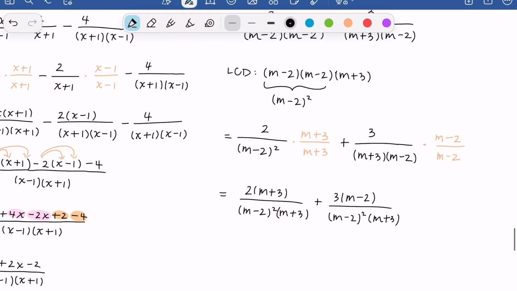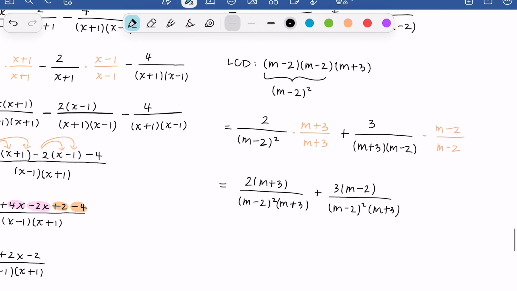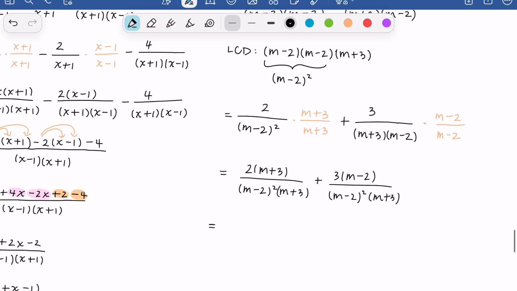All right, so now we can go ahead and add these guys together since they have a common denominator. In the same step, though, I'm also going to distribute. So we have 2 multiplying m plus 3, so it's going to multiply everything in our parentheses, and 3 is multiplying everything in the parentheses here. So we're going to have 2 times m, which gives me 2m, plus 2 times 3, which gives me 6.